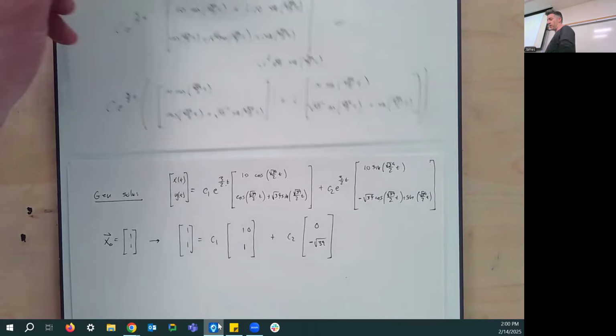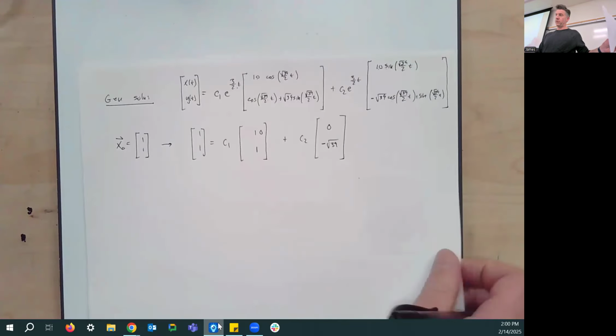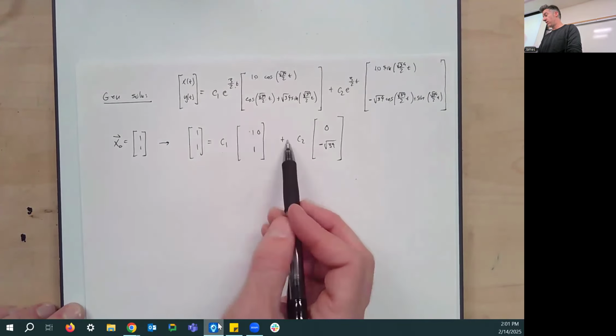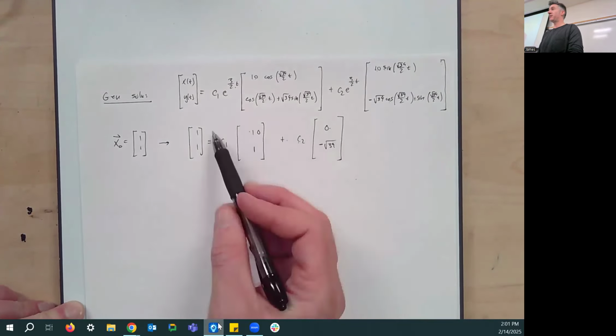So everybody should be able to tell me right now what c1 is equal to. It is a fraction. It's 1 over 10. c1 has to be 1/10 because 1/10 times 10 plus whatever c2 is times 0 has to equal 1.